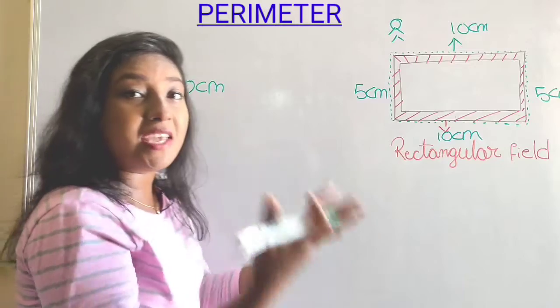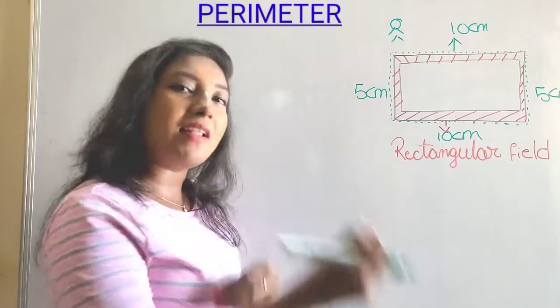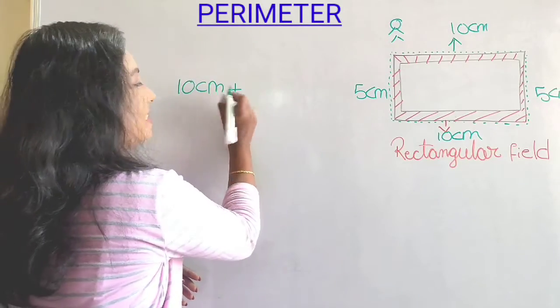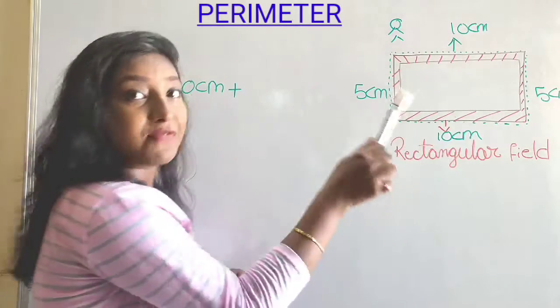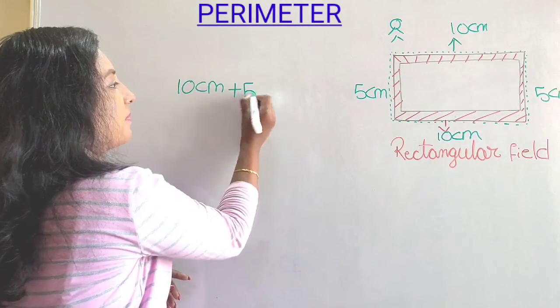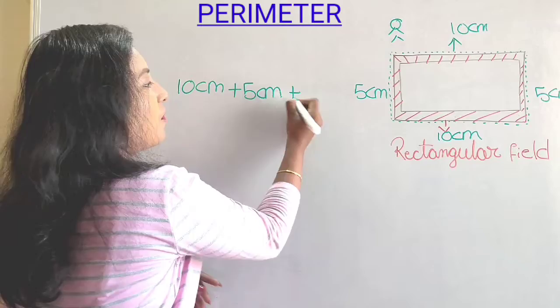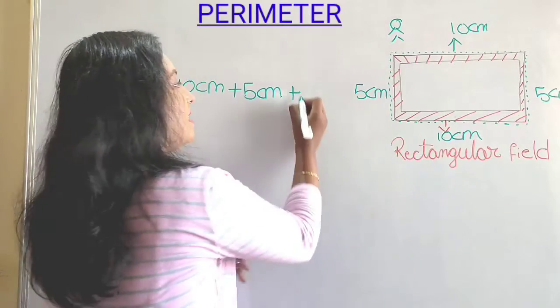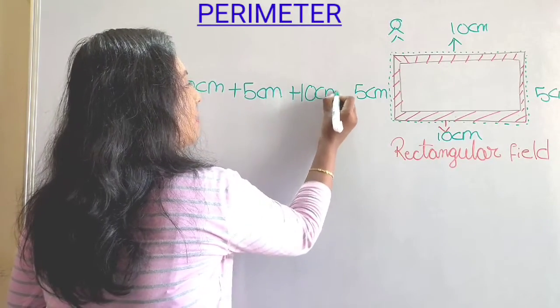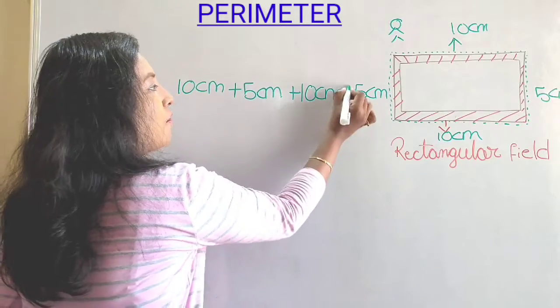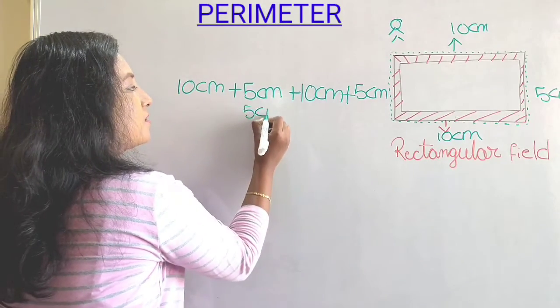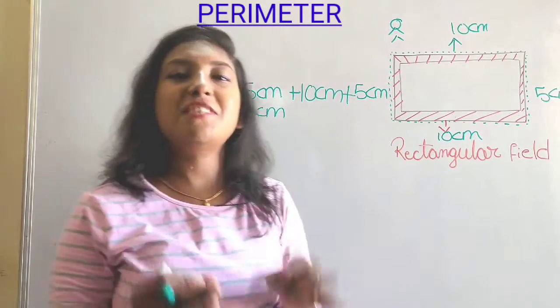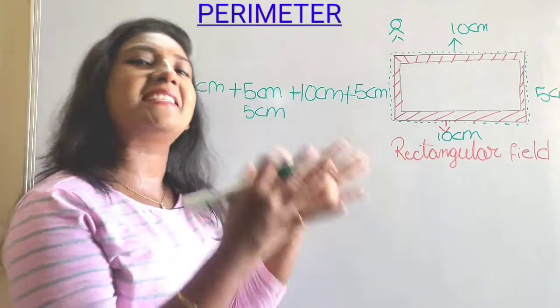And the next one is 5 centimeters. The next one is 10 centimeters. And the next one is 5 centimeters. So what are we going to do now? We are just adding up all the side lengths.